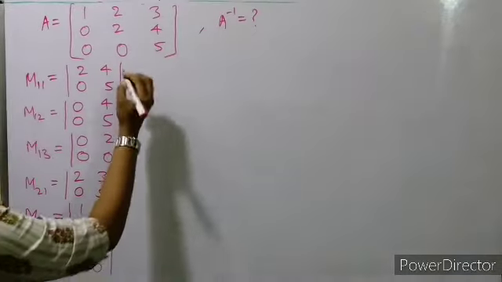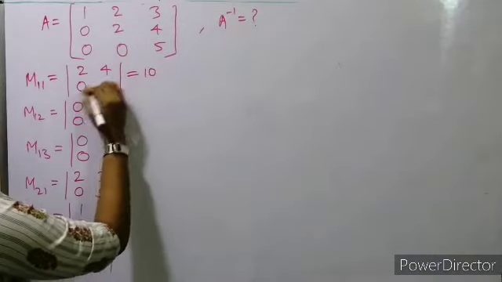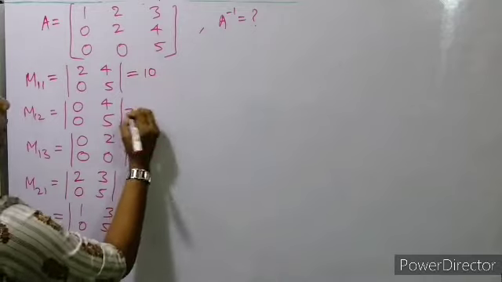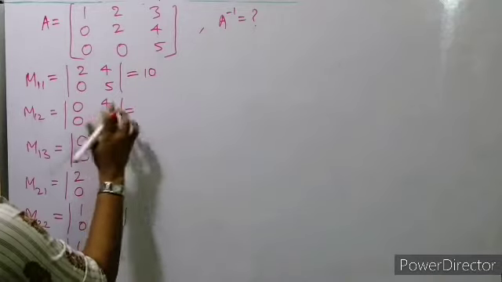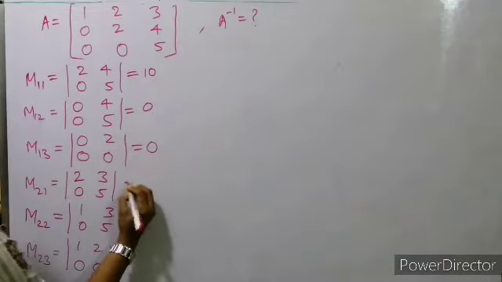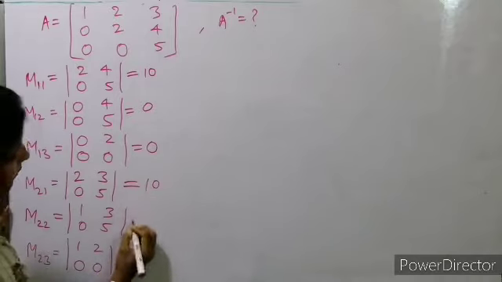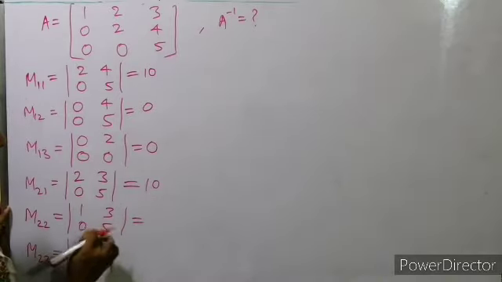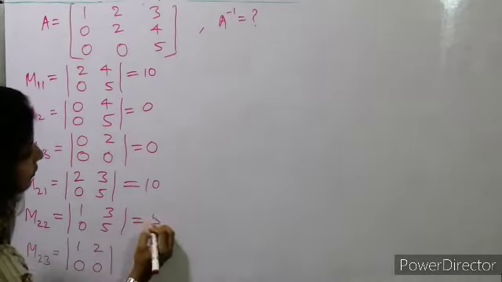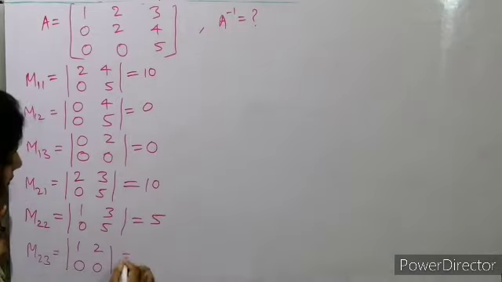Okay, so now we'll write the values. 2 into 5, 10, minus 0, so 10. 5 minus 0, 5. 0 into 0, 0.